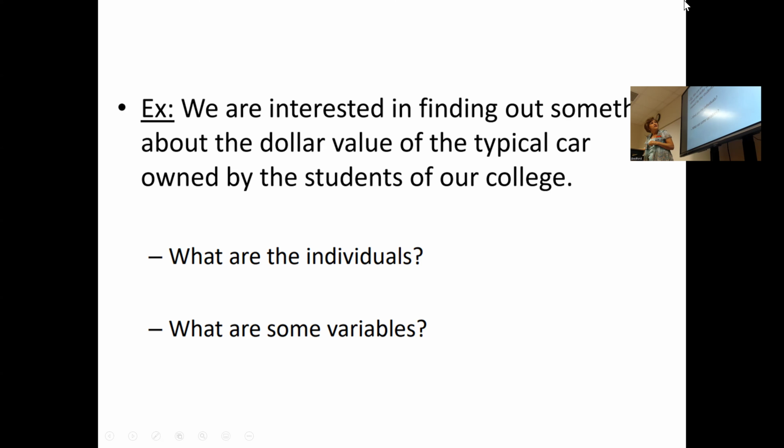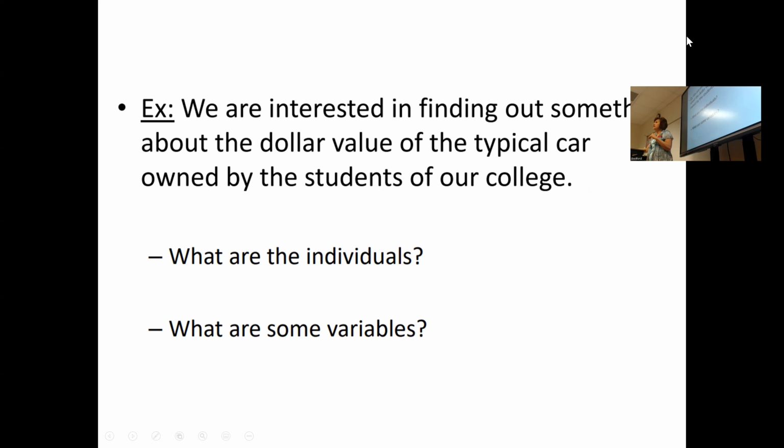All right, let's look at this. We're interested in finding out something about the dollar value of the typical car owned by the students of our college. Now, let's see if you can tell me, what are the individuals in this scenario? Say again. Okay, we want to find out something about the dollar value of the typical car owned by the students of our college.